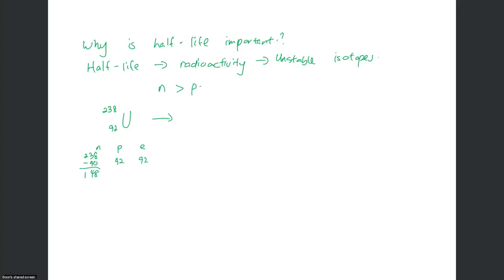So you can see there's an imbalance, so that makes it radioactive. Radioactive means unstable. Because of this instability, it would undergo radioactive decay to become 90 over 234.